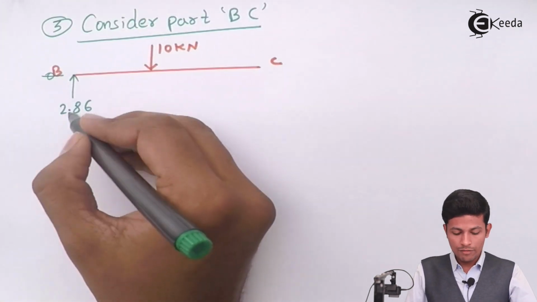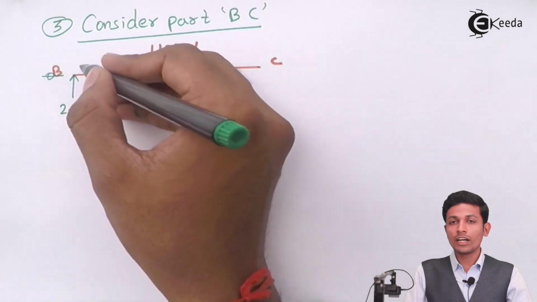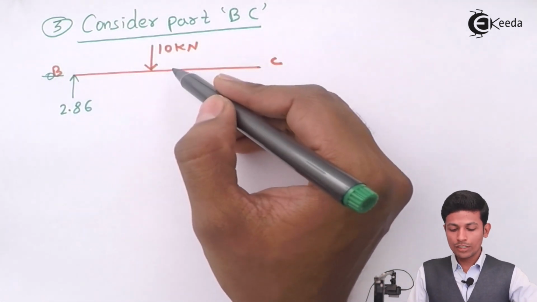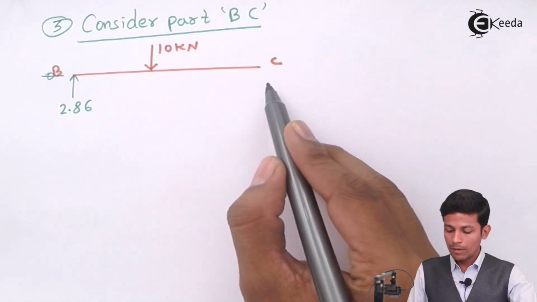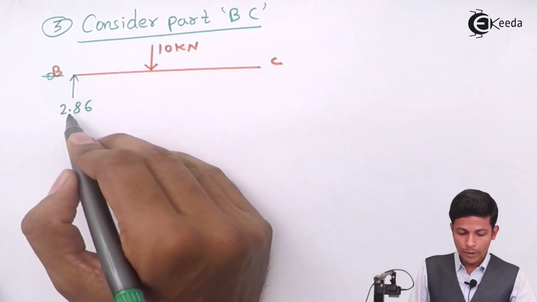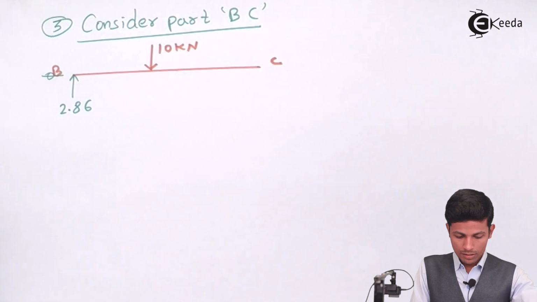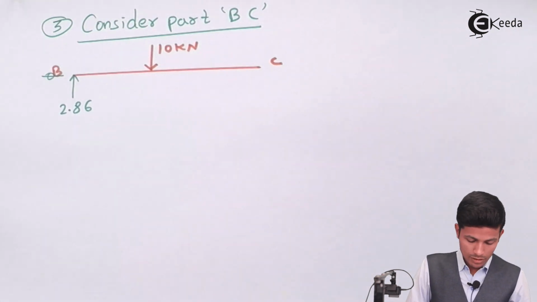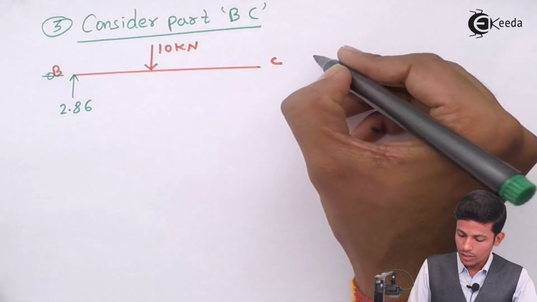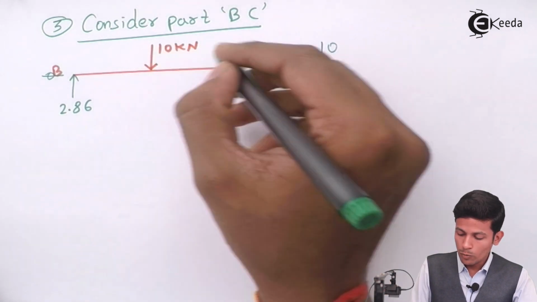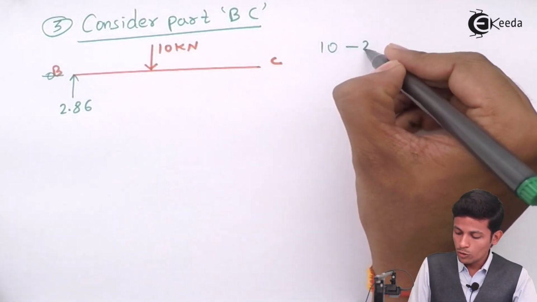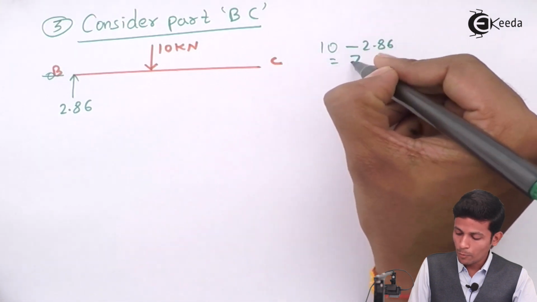Now when this 2.86 is going up and 10 kilonewton is going downward, how will it come? See, 10 minus 2.86: because 10 is downward, plus minus 2.86, what will it come? 7.14.